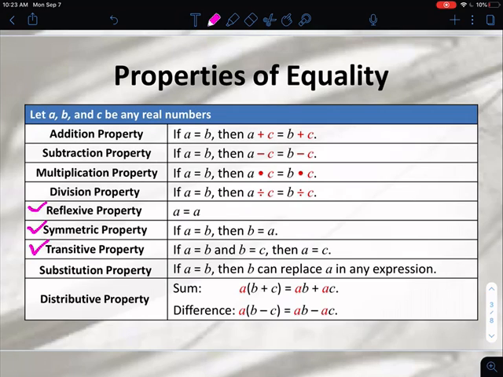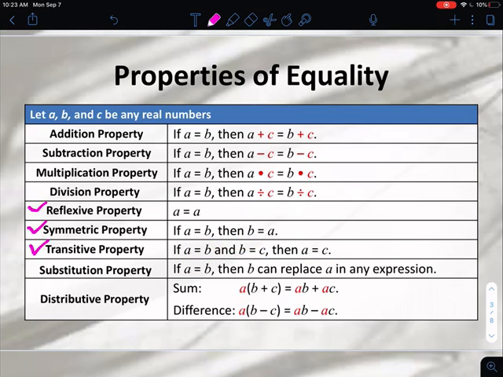The transitive property is kind of like a 1, 2, 3 step. So if A is equal to B, and then B is equal to C, A must be equal to C. So it's just saying if 1 leads to 2, 2 leads to 3, then I can go straight from 1 to 3 directly.